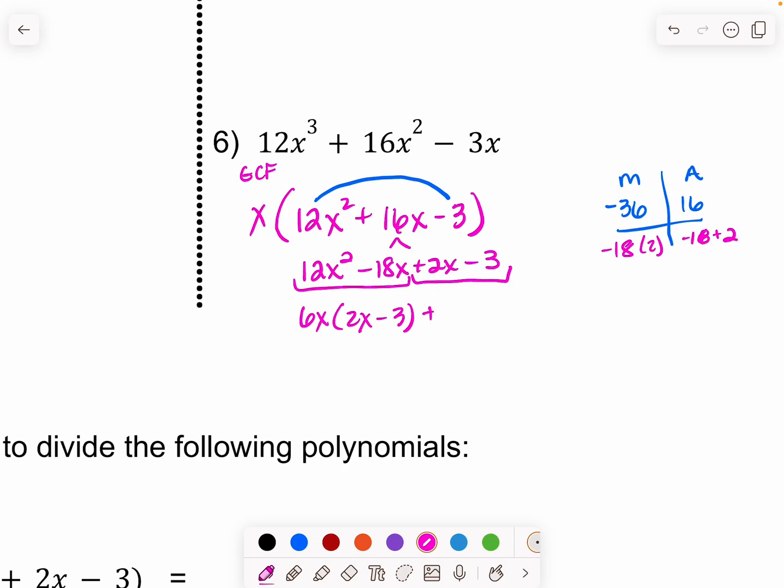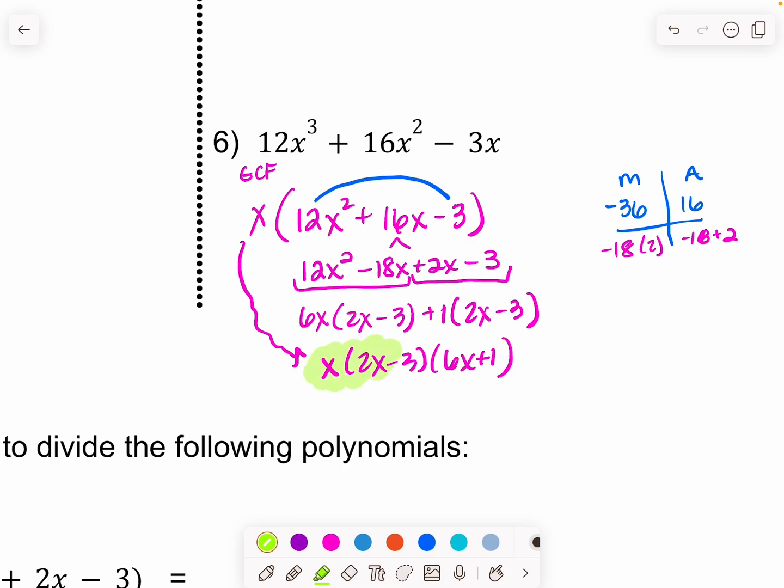I got a 2x minus 3 already here. I'm going to keep that in parentheses. And now, if there isn't a number sitting there, we use it as a 1. So I get 2x minus 3 times 6x plus 1. And of course, I don't want to forget about my GCF sitting out there. It does need to be part of the final answer. That is factoring as much as possible.